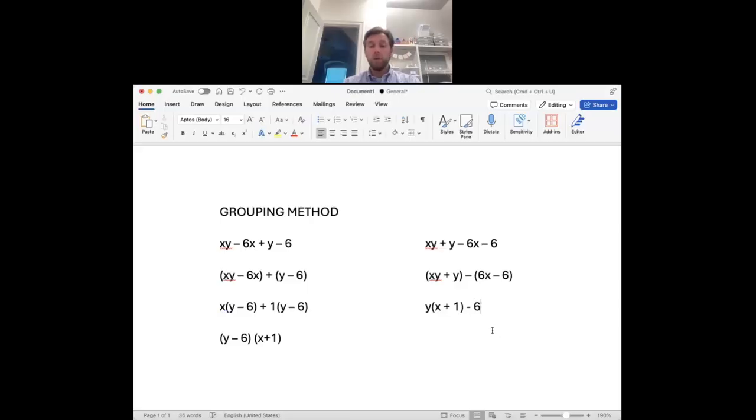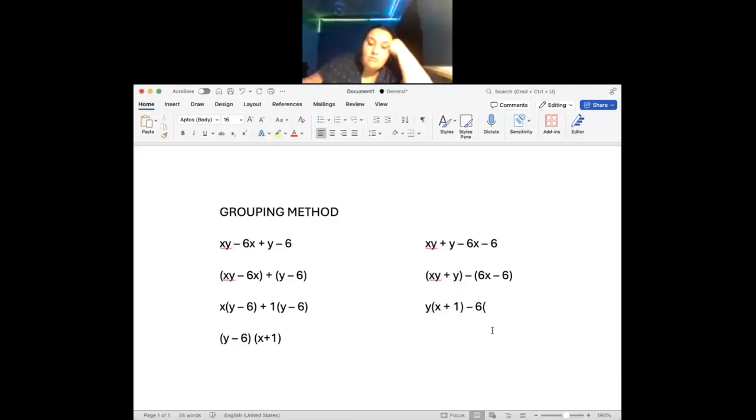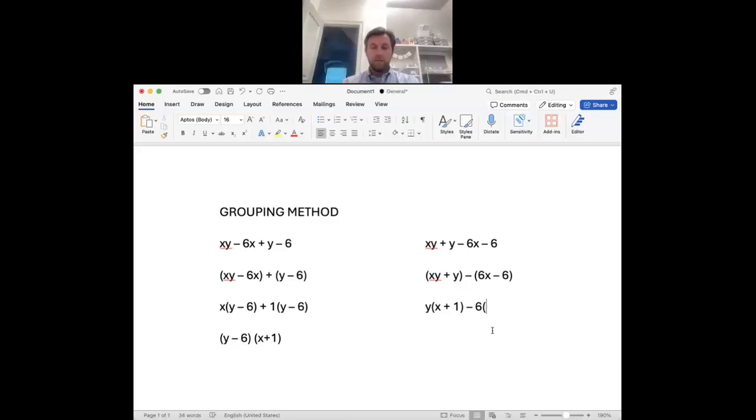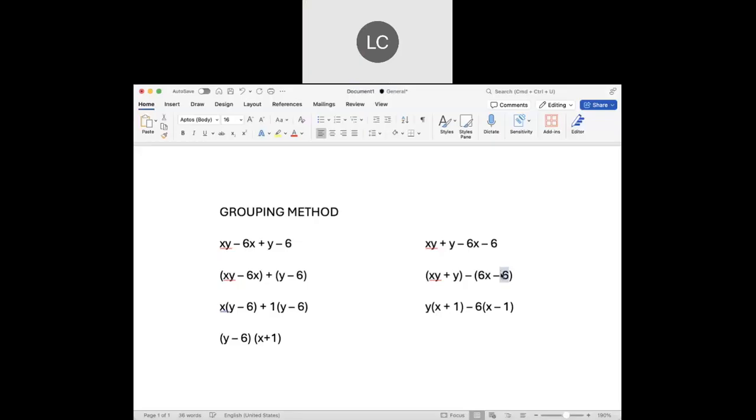What appears in both? 6. When I pull a 6 out, what do I get? X minus 1. I pull a 6 out of 6x, leaving an X, and a 6 out of 6, leaving 1 behind.